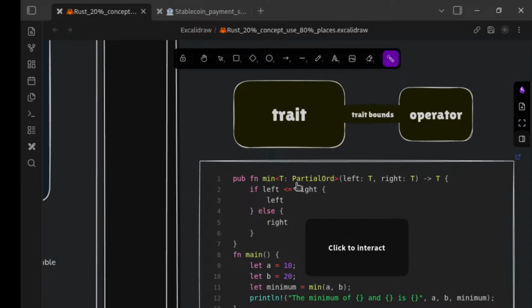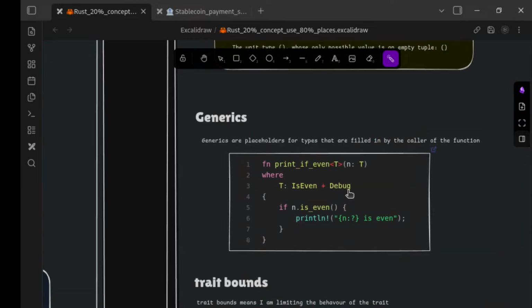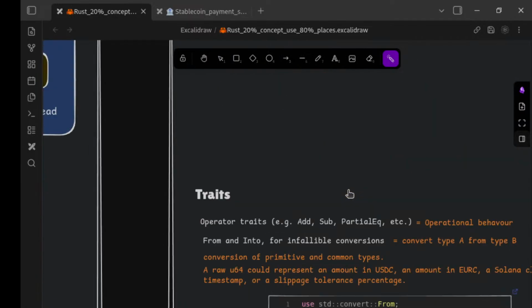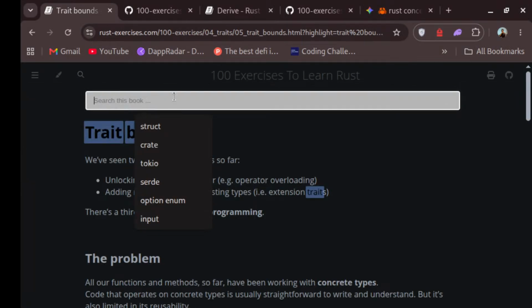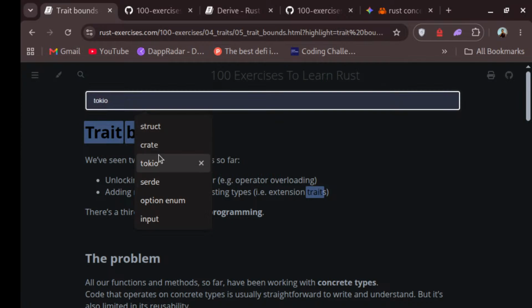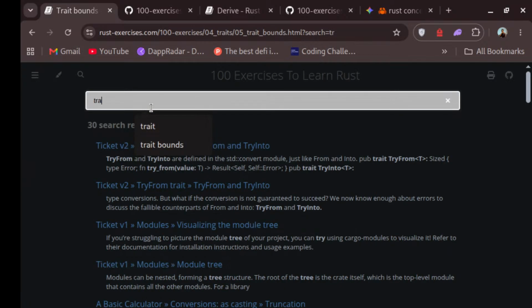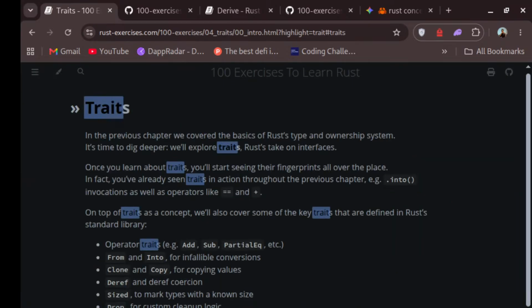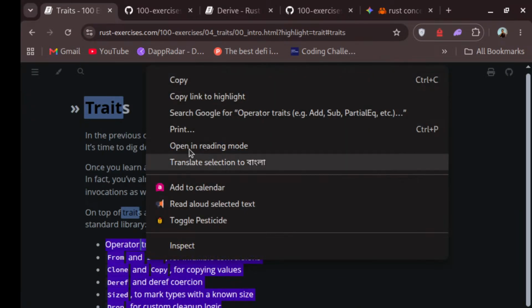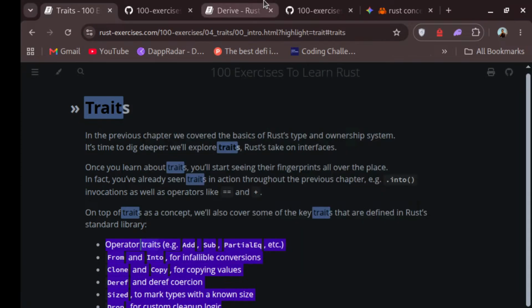So if we want to use this logical operation, we have to add this trait bound, and we already saw there are the traits. Okay, you already saw this trait.